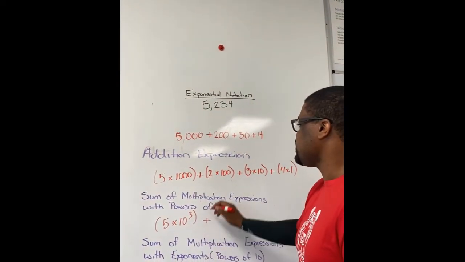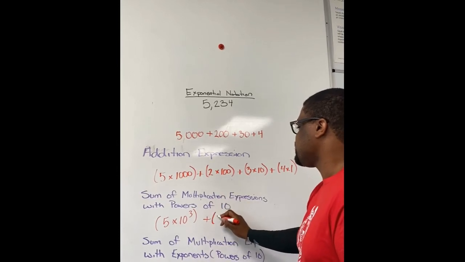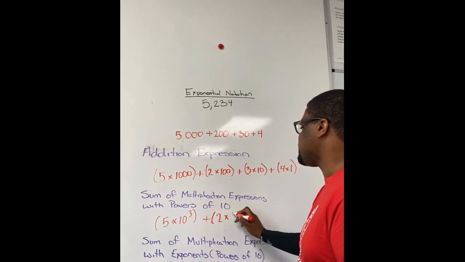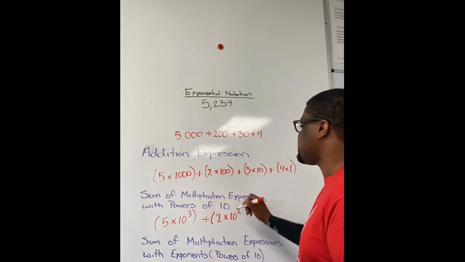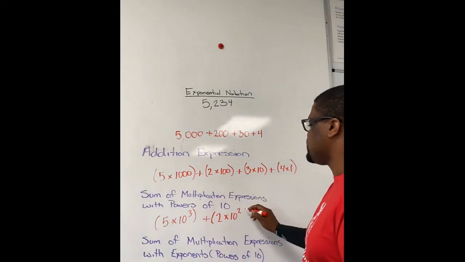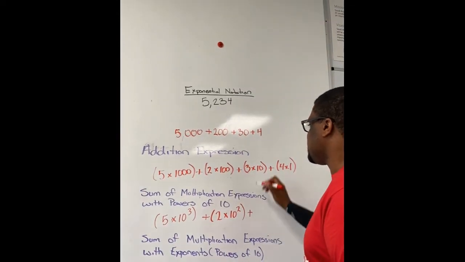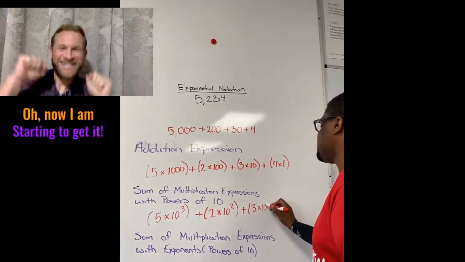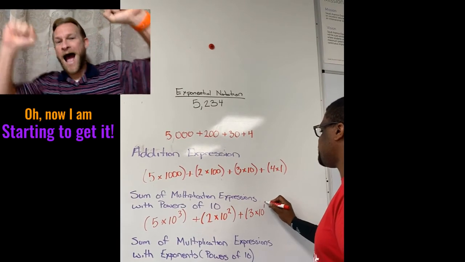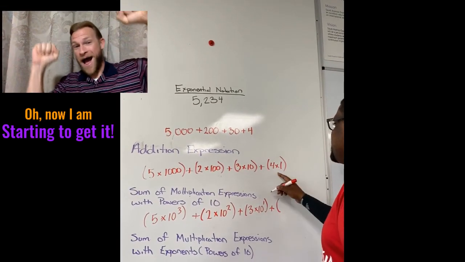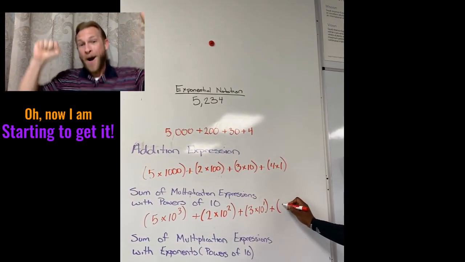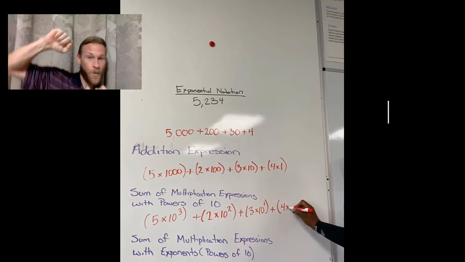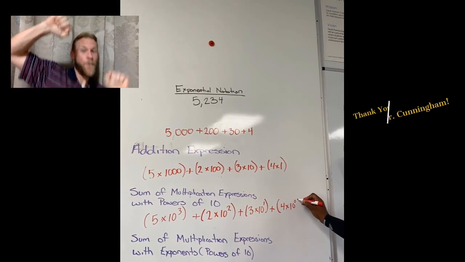So here we have 2 times 10 to the second power, because we have 2 zeros in our base. Here is 3 times 10 to the first power. And remember here, because we don't have any zeros, it is 4 times 10 to the 0 power.